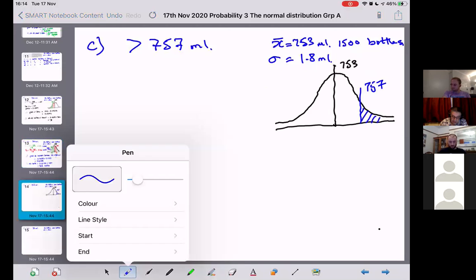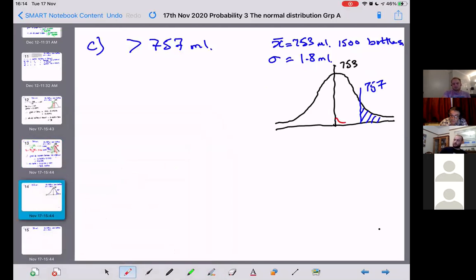So again, what we're going to do is find the red area and take it away from the 0.5 to get the blue area. So the Z value is our 757 minus the 753 over 1.8 equals.